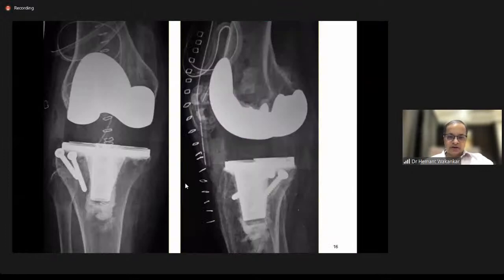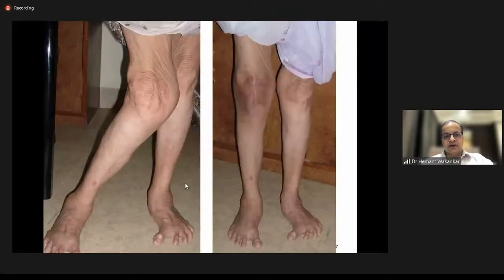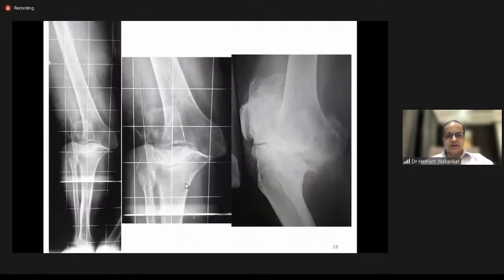And that is the post-operative X-ray of the same patient. This is basically fixed using 2 screws. And this is again just a posterior stabilized knee. No additional constraint was required here in spite of the massive valgus deformity.